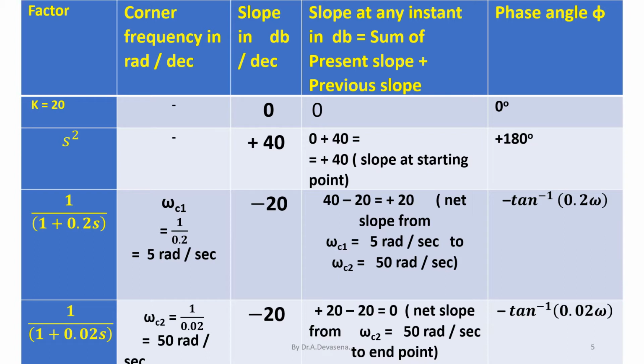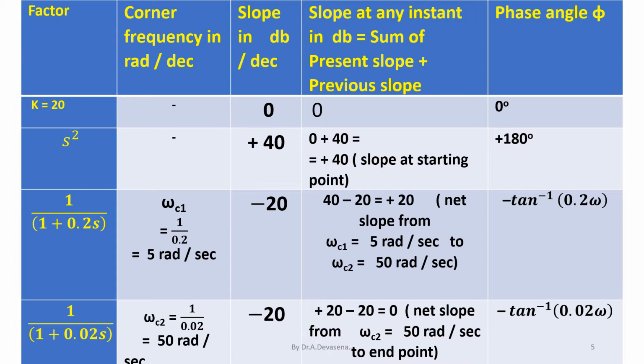For this problem, we have 4 factors. They are K is equal to 20, first factor; second factor, s square; third factor, 1 divided by 1 plus 0.2s; fourth factor, 1 divided by 1 plus 0.02s.